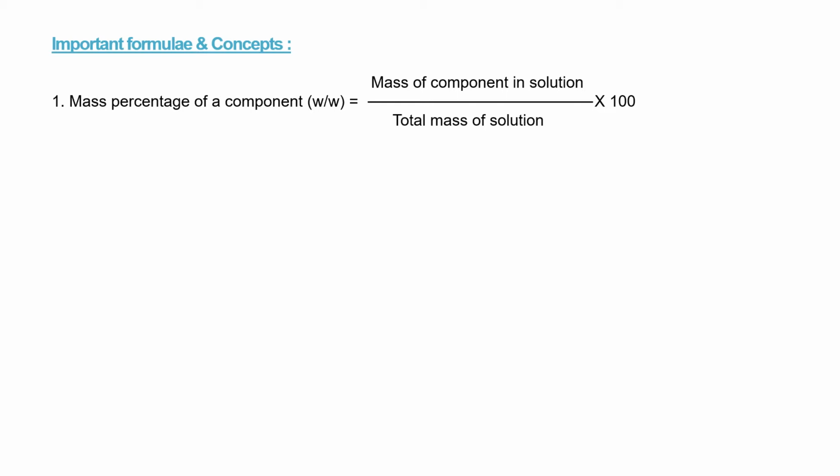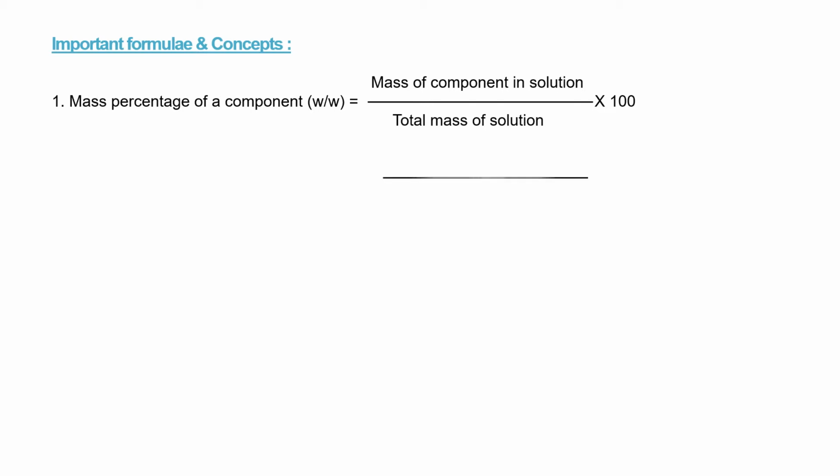Your solution is made up of two components, solute and solvent, so in that case you have to measure the mass in terms of gram. So your formula is: mass percentage of a component, that is weight by weight, is equal to mass of the component in a solution divided by total mass of the solution, into 100.